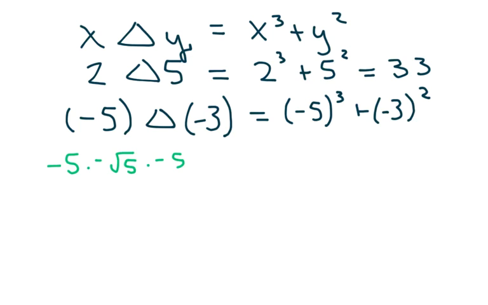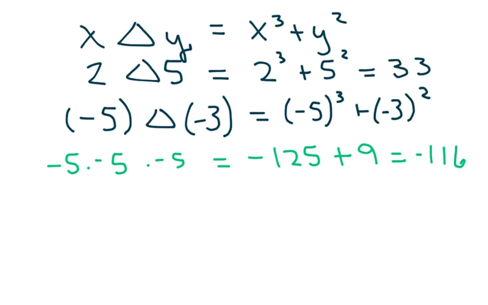Three negatives, so that means our answer here is going to be negative. It's -125, and a negative squared is positive, so that would be +9, and so our answer would be -116.